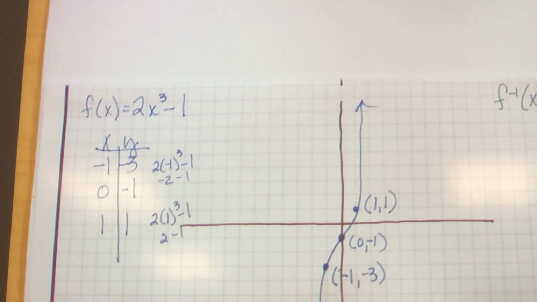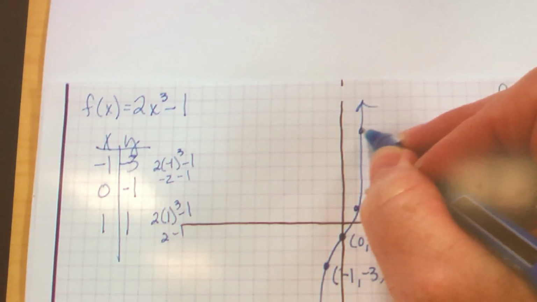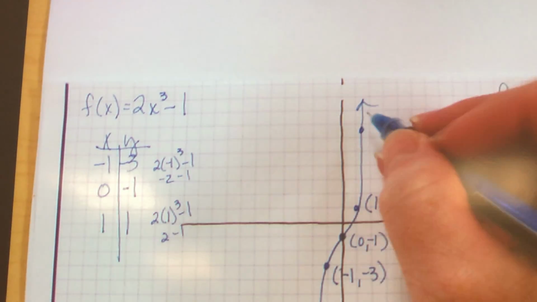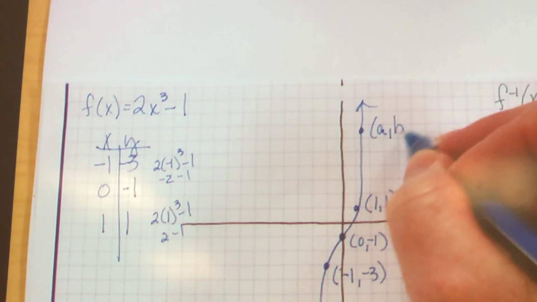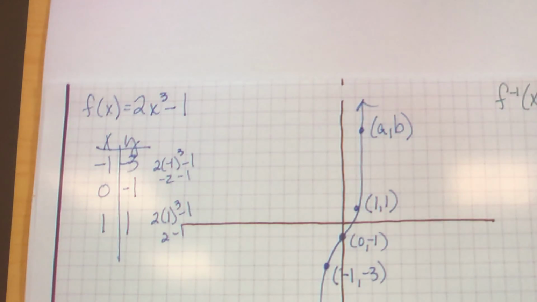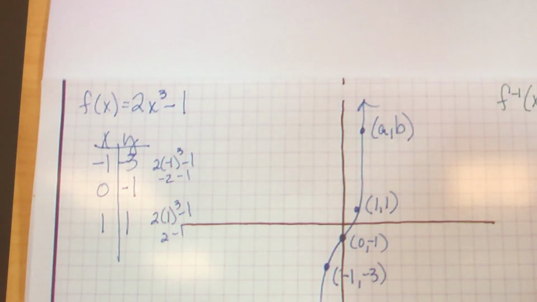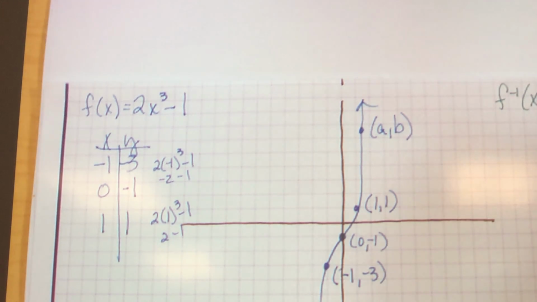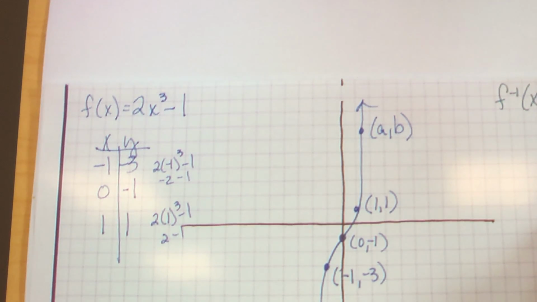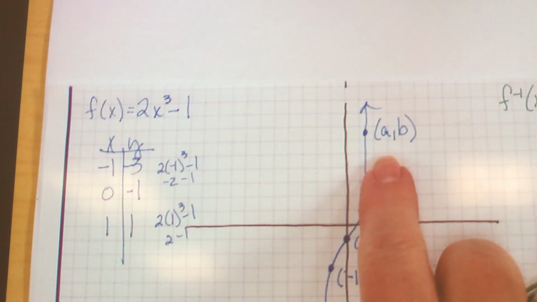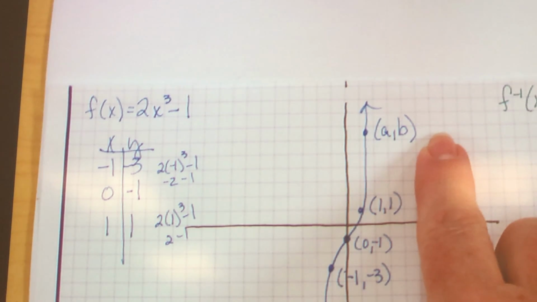Now let's pretend that we just took any point on this graph, and I called it (a, b). How would I find the points on this graph right here? That's exactly right. Y'all, what did you do? You switched the x's and the y's.